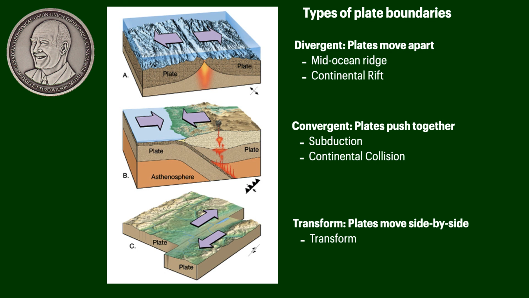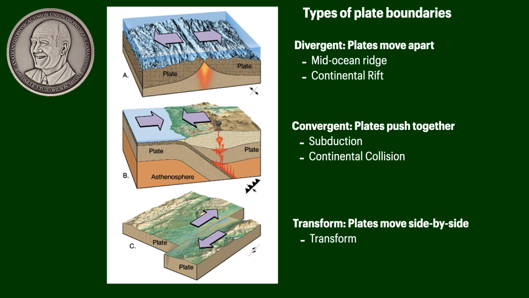But to give you the preview here, there are divergent boundaries where plates are moving apart, things like a mid-ocean ridge or continental rift. There are convergent boundaries where the plates are pushing together, they're colliding. That might be a subduction zone or continental collision. And then we have places where plates are moving side by side. So we have what we call a transform boundary.